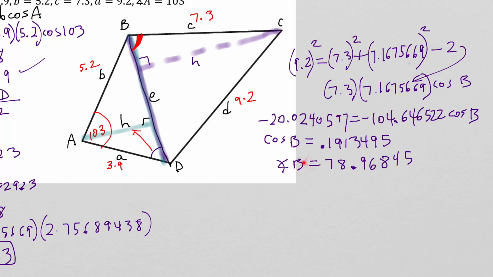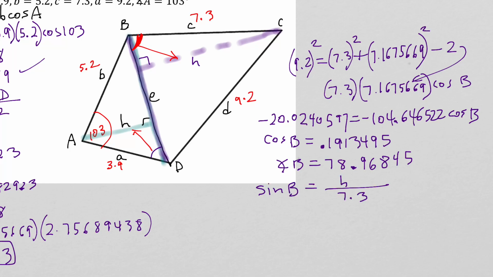So I've got my angle B is this amount of degrees, and that's this angle here. Remember, what I'm trying to do now is find this h dimension. So I could say the sine of the angle B is equal to h, that's opposite, over 7.3, that's hypotenuse.